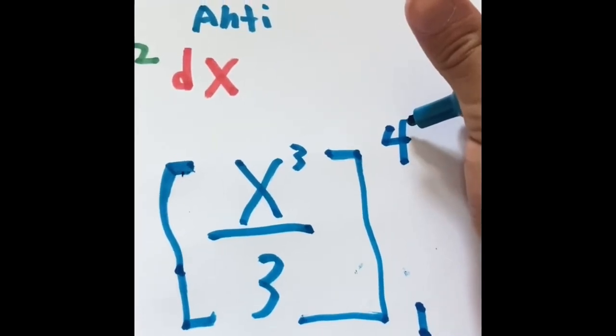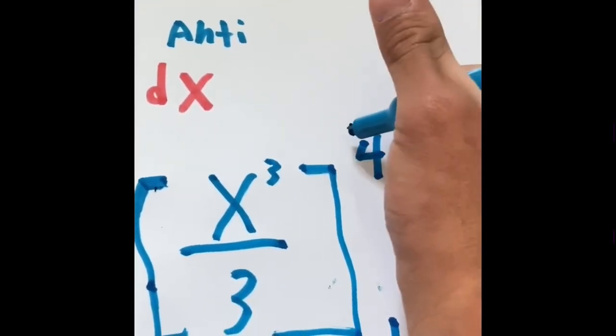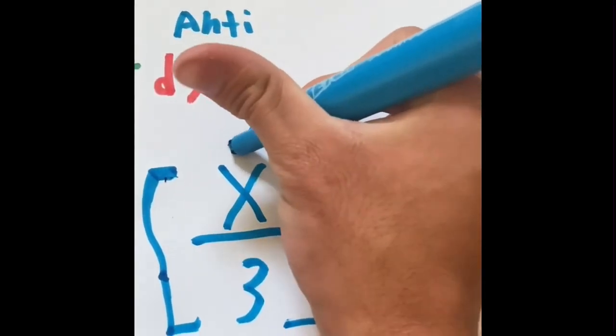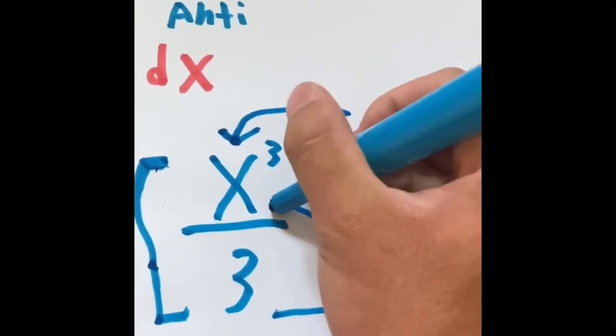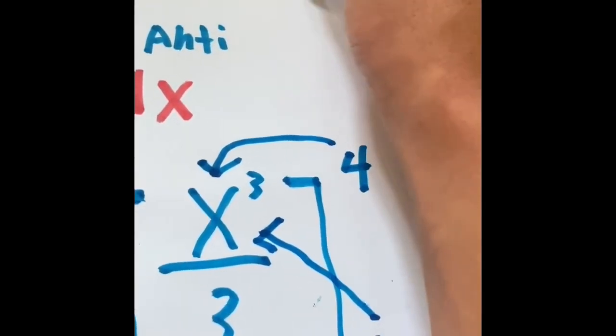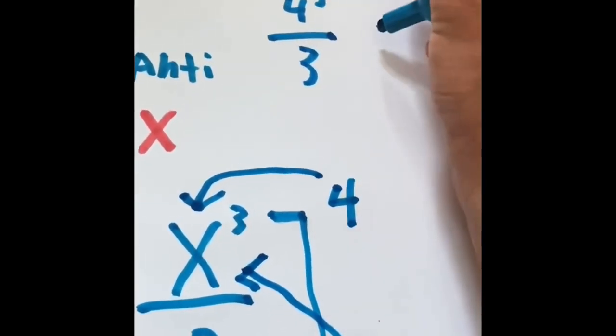Now, what we have to do is come up with 2 equations. We have to insert 4 in for x for one, and 1 in for x for the other one. So we have 4 cubed, or 4 to the third, divided by 3.